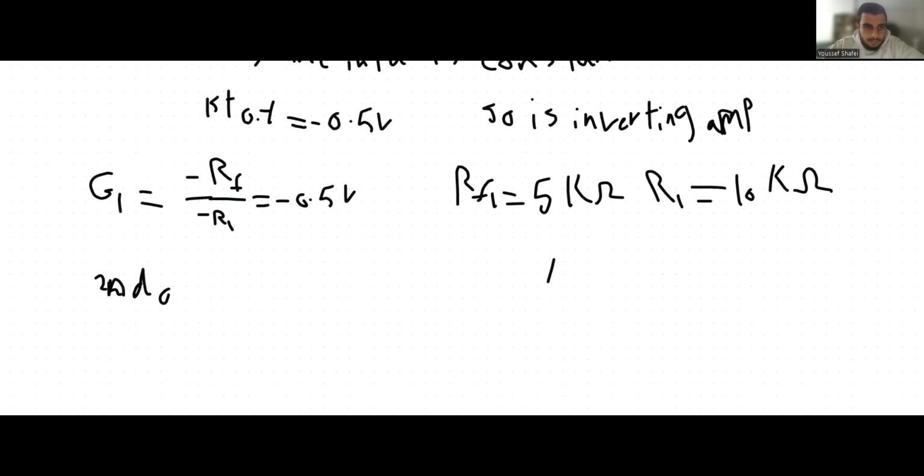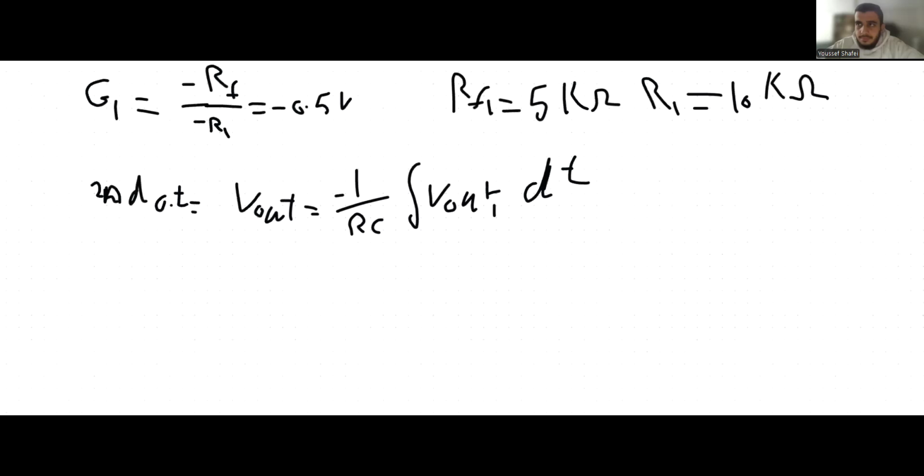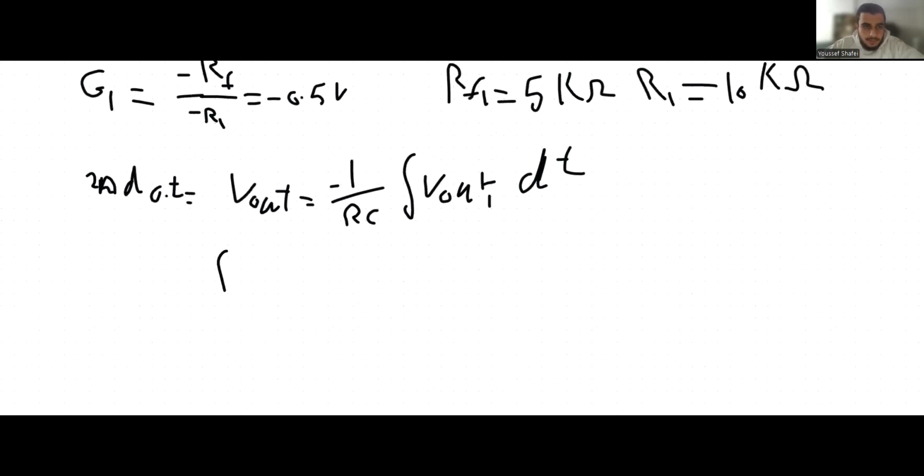And output V out equal to negative 1 over RC integration of V out, 1 for dt, from 0 to 0.5 dt, will be equal to 4, and there is a negative over RC.